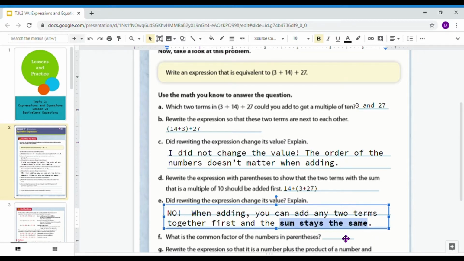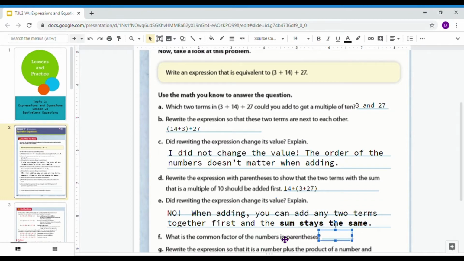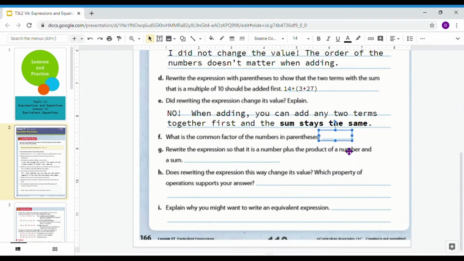If you were to change the order in a division problem or a subtraction problem, the answer will not stay the same. And that is what we're getting to. What is the common factor of the numbers in the parentheses? So right now I've got two numbers in parentheses. We're looking at D, and those numbers are 3 and 27.